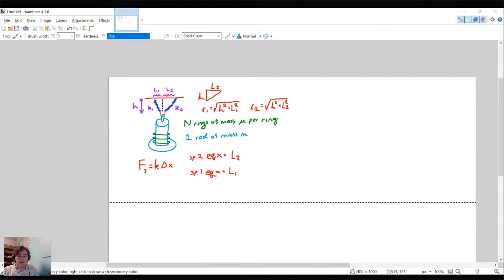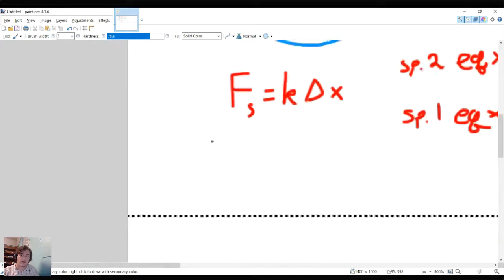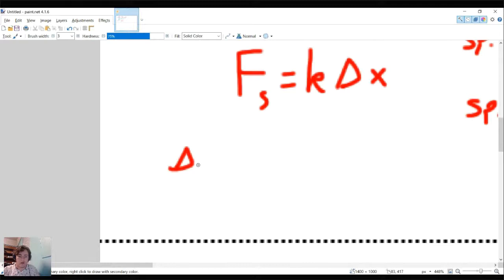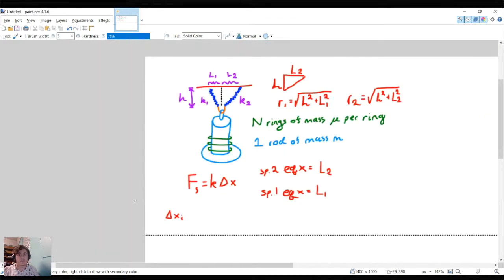And we have the equilibrium position, and we also have R1. So for the displacement for each of them, I'm going to be writing delta x sub i, just so I don't have to write down two equations. Delta x sub i means either spring 1 or spring 2.